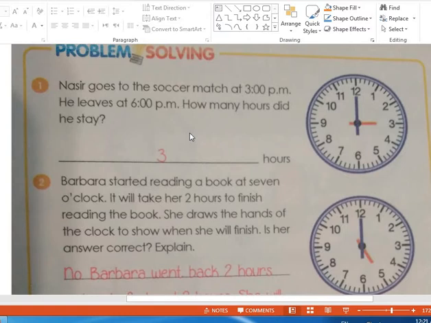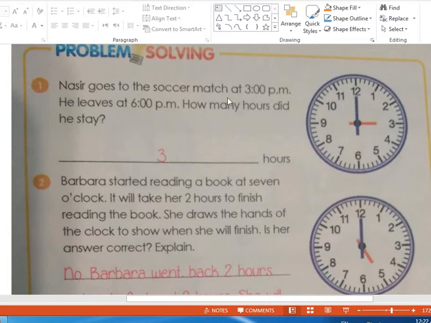When he left at 3 p.m., I have here a duration I want to count. What does it mean? I want to find the difference between when he goes to the match and when he leaves.